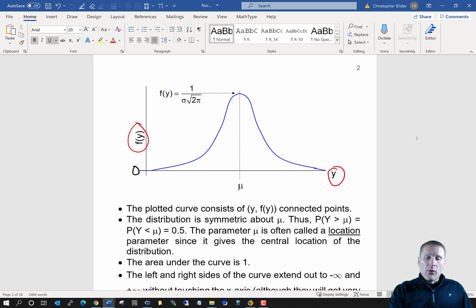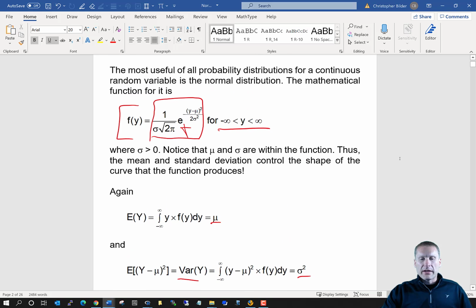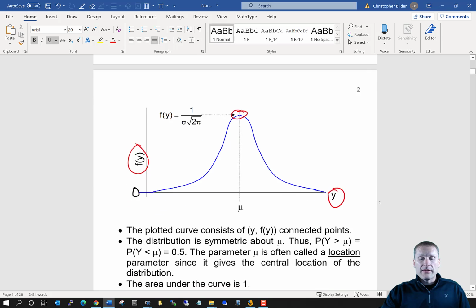The highest point of this curve ends up being 1 over sigma times the square root of 2 pi. Well, why? Let's go back to the expression here. Notice if I were to put in mu for y there, I have mu minus mu squared, which would be 0 squared, or 0. e to the 0 is 1, and so this is what you're left with. That's always going to be the highest point of the curve when y is equal to mu.